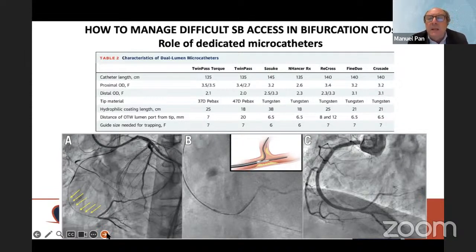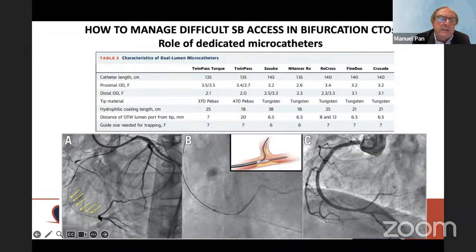You can see in the table the available microcatheters in the market are similar, and in the lower part of the panel you can see a clear example of the need for this tool. This is an example of a right coronary artery that was recanalized by antegrade technique.